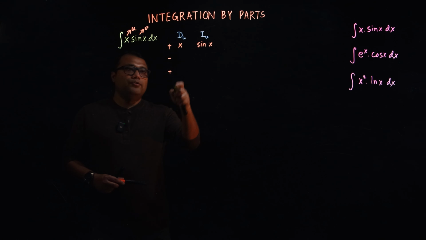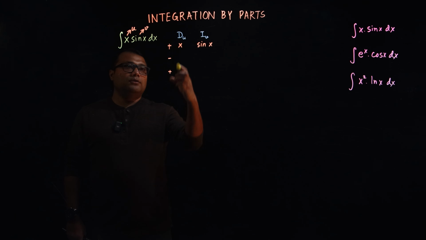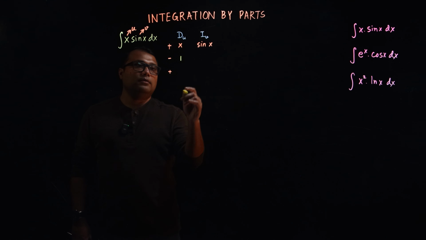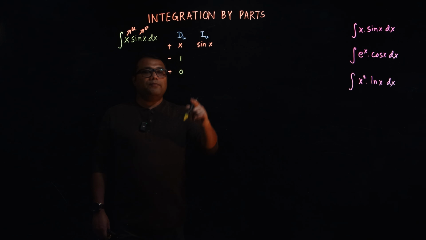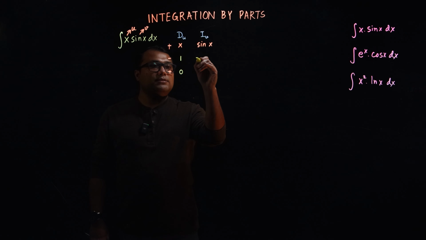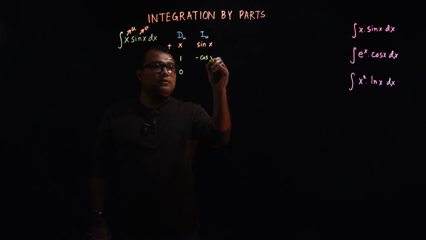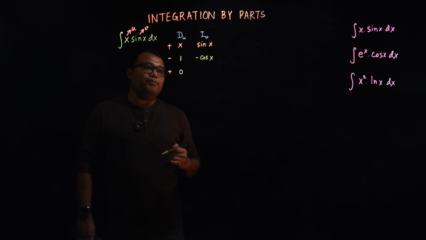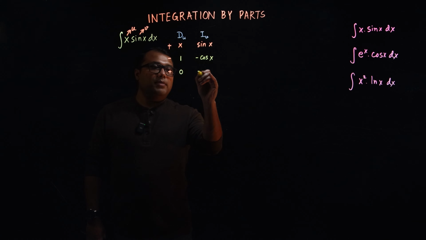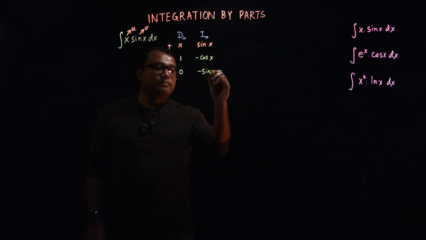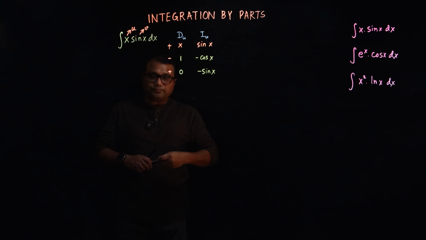Now, we have to differentiate x. So, differentiation of x is 1. If we differentiate it one more time, it is 0. Now, we have to integrate sin x. Sin x is minus cos x, and integration of minus cos x is minus sin x. Okay.